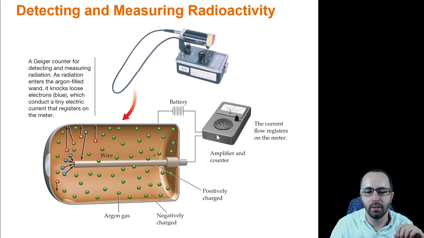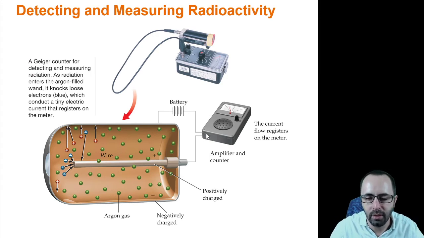So when you see it on TV shows, it sounds like click, click, click. Each one of these events is registered, so it's pretty neat. You can detect individual radiation events and count them because often they're pretty rare, even with a large sample. You're going to see that in our experiment 1 about potassium-40.